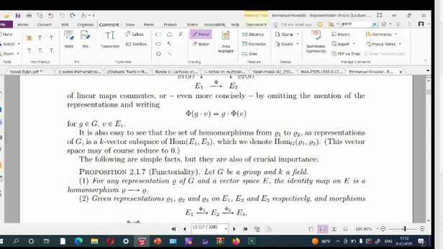it is also easy to see that the set of homomorphisms from rho 1 to rho 2 as representations of G is a K-vector subspace of Hom of E1 and E2, which is denoted by this. This set of all homomorphisms from rho 1 to rho 2 is denoted by this, and this is the subspace of this space. We have this proposition that is very easy.